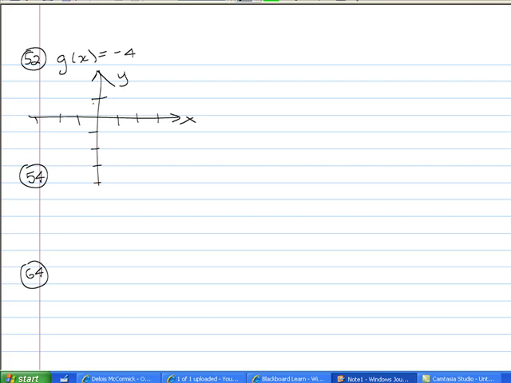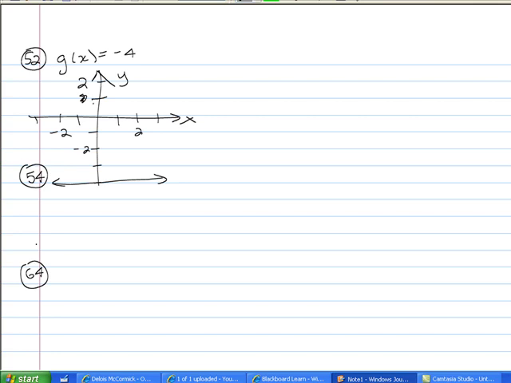Okay, in number 54, an equation that defines y as a function of x is given. Solve for y in terms of x and replace y with functional notation f of x. Then find f of 3. So in 54 we have y minus 3x squared equals 2.